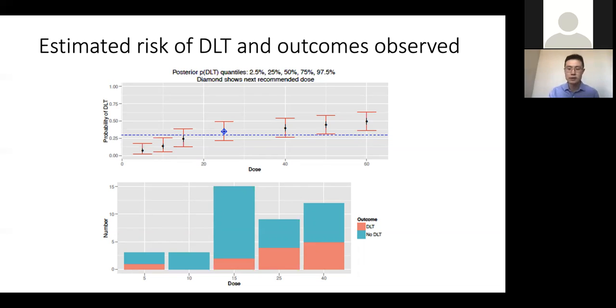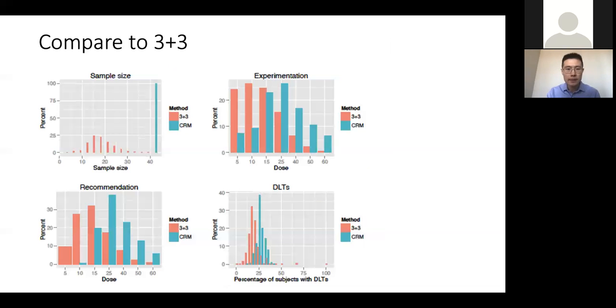Okay, great. Now we want to compare the operating characteristics to the traditional 3+3 design. And for sample size, of course, the 3+3 design's sample size is varied. So it goes all the way from 0 to around 42.